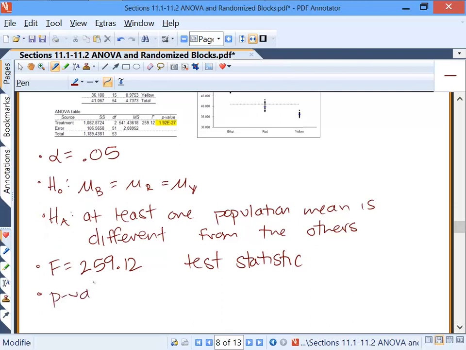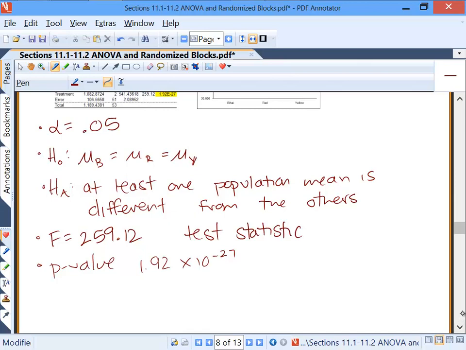And in fact, our p-value is 1.92 times 10 to the negative 27. Very, very small p-value. We will have to reject the null hypothesis.